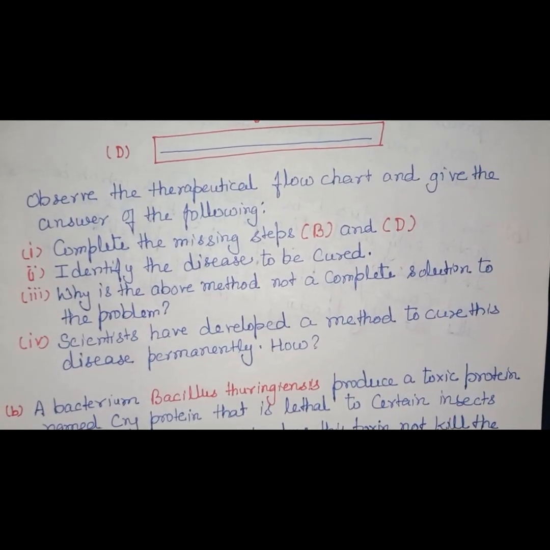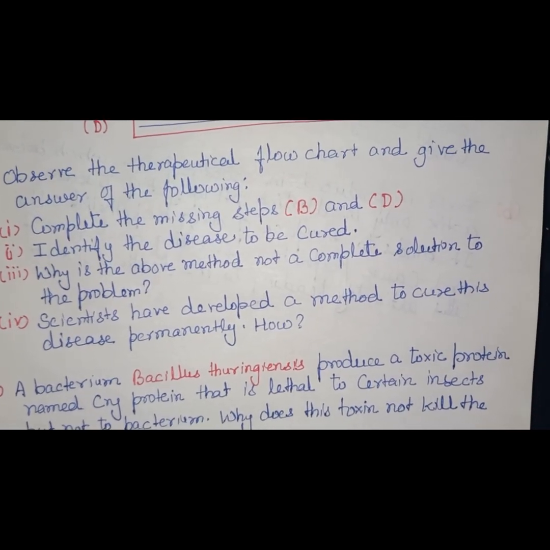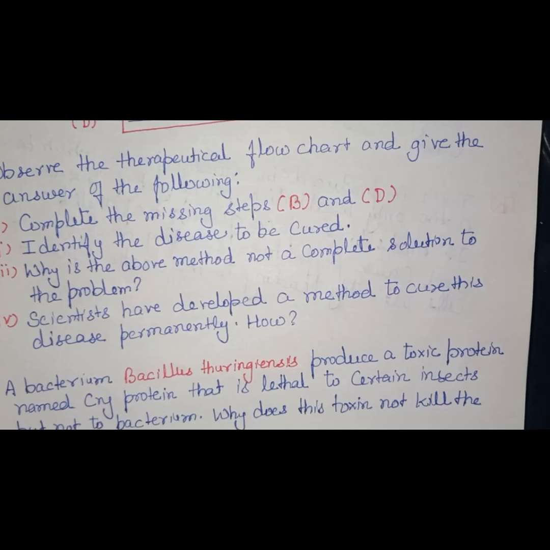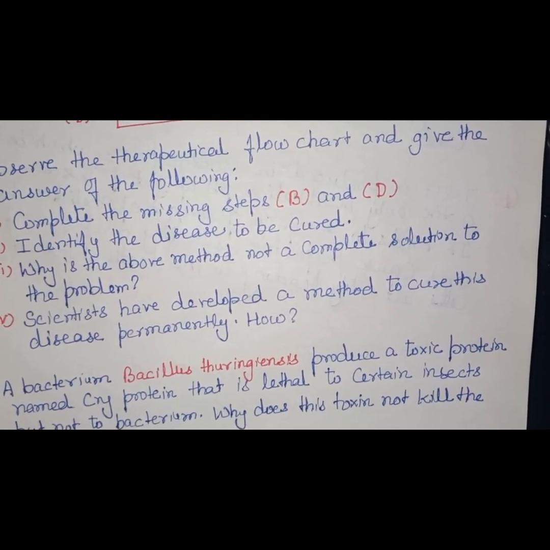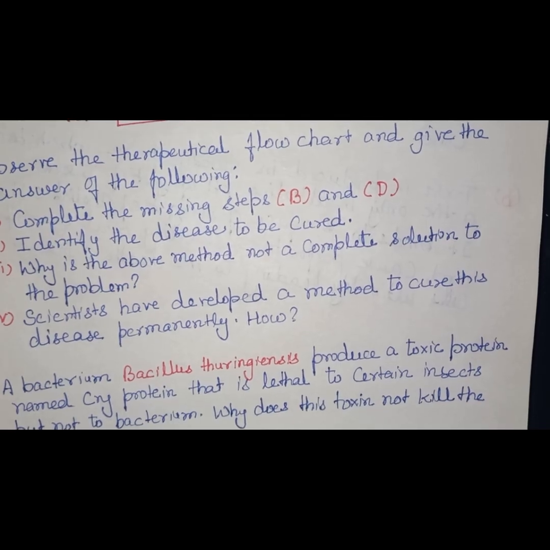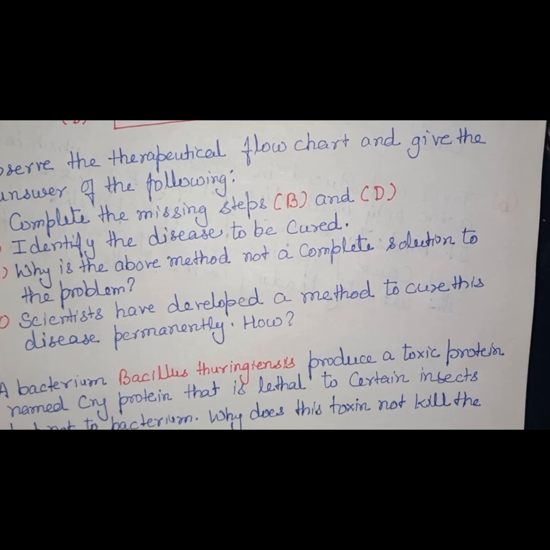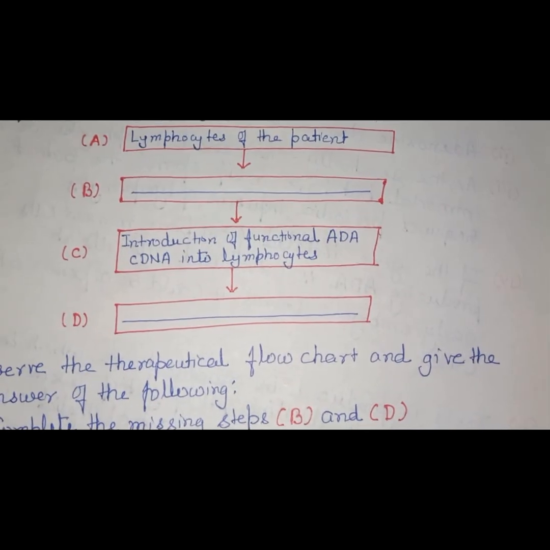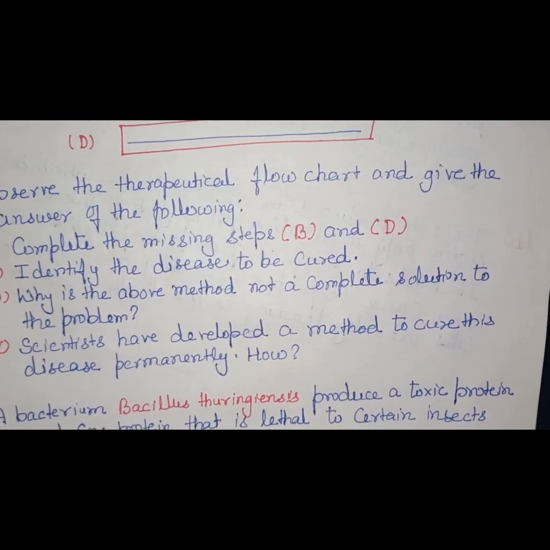And the next question says, why is the above method not a complete solution to the problem? First thing is what you identified, that is ADA deficiency, and the method present here is not a permanent cure. Why?